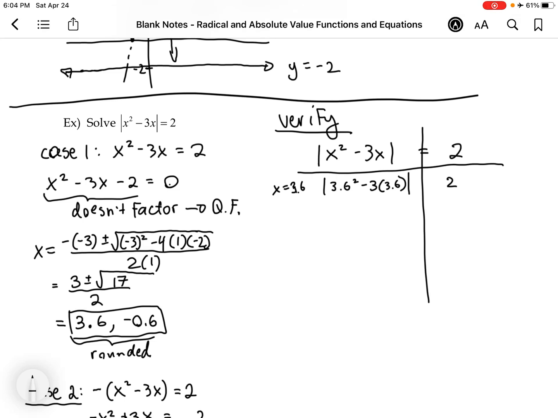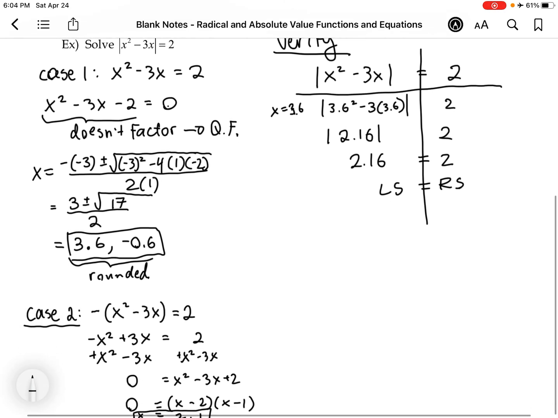This is the absolute value of 2.16, and this is 2. Given that 3.6 was a rounded value, we can say that the left side equals the right side. Okay. If it had not been rounded, then those would not be equal. And in fact, if you want to get even closer, just keep extra decimal places on the 3.6, right? If I had rounded to the nearest thousandth, then this probably would have been a lot closer.